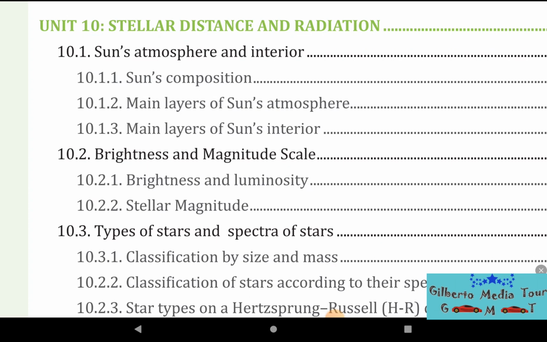In stellar distance and radiation, there are two terms. When you say radiation, it's kind of electromagnetic radiations or electromagnetic waves that are able to be emitted from a material. It's what we call electromagnetic radiation. When you say stellar distance, it refers also to the sun's energy, there are stars, what kind of stars, and the distance that is separating each from the sun.